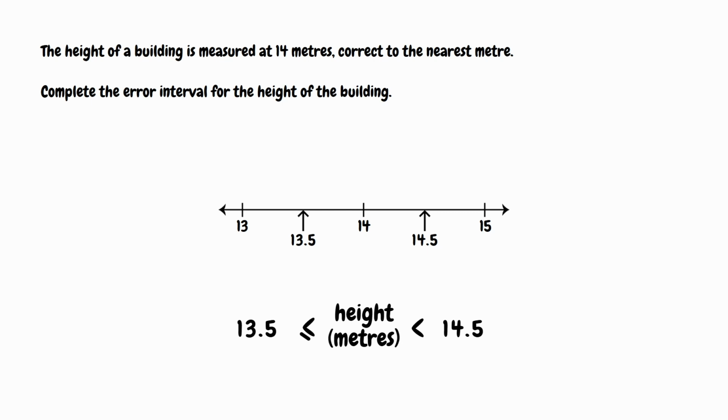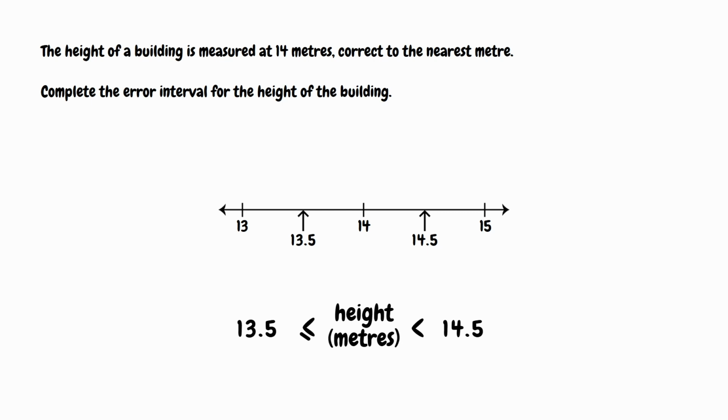But for our interval, we can't actually include the upper bound because 14.5 rounded to the nearest whole number would actually go up to 15. So that's why our height in meters has to be less than 14.5. So when we're writing our error intervals, we just want to make sure that in the inequality signs, we are including our lower bound, but it has to be less than our upper bound.